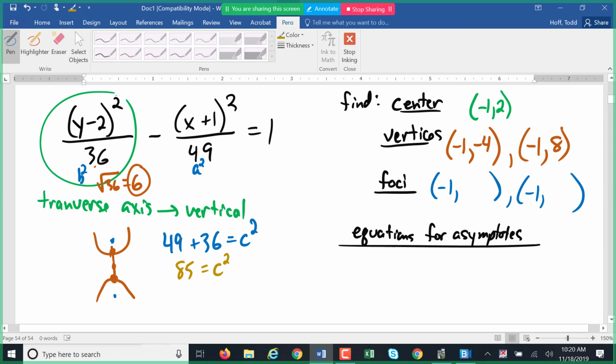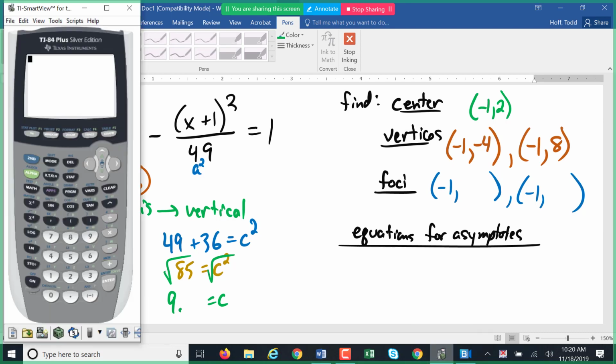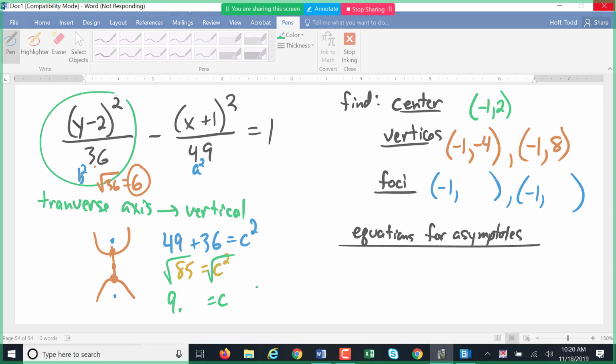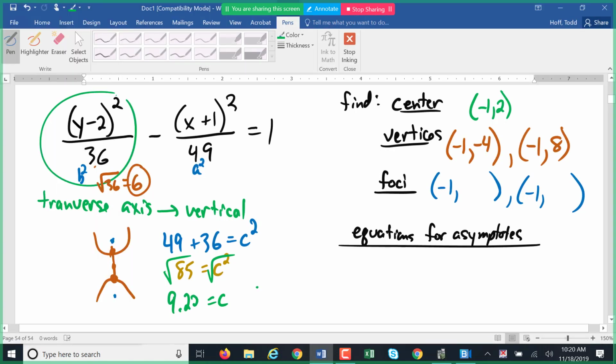So c is the square root of 85, which is 9.22. So if I subtract from the center, from the 2 there, 9.22, I get -7.22. If I add 9.22, I've got 11.22. Those are the coordinates of my foci.